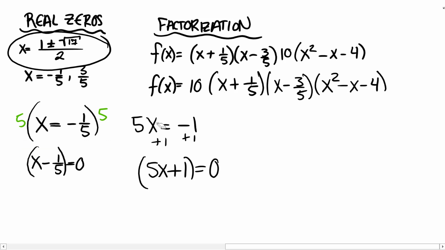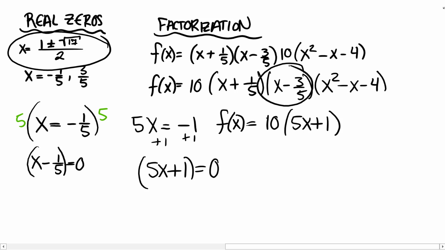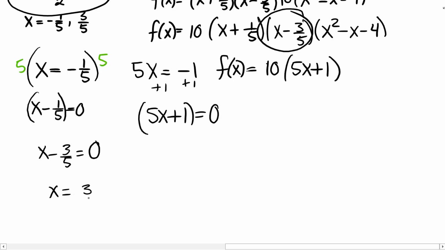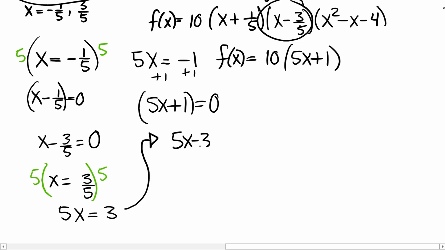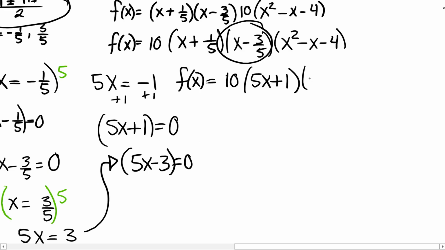So instead of writing x plus 1/5, I'm going to write it in its non-fractional form, 5x plus 1. How would we do that for x minus 3/5? Well, that's x equals 3/5, and I'll multiply both sides by 5. So we've turned this into a non-fractional factor.